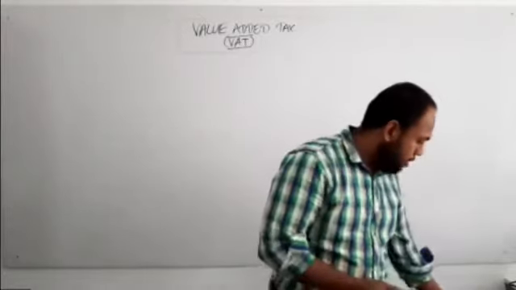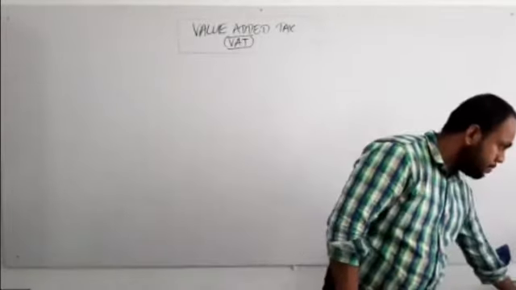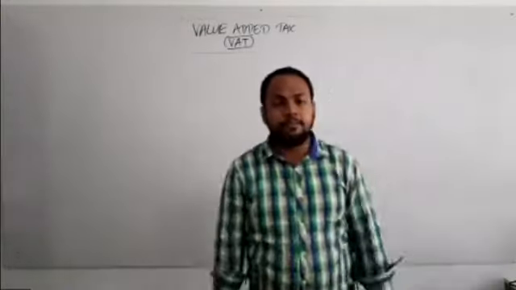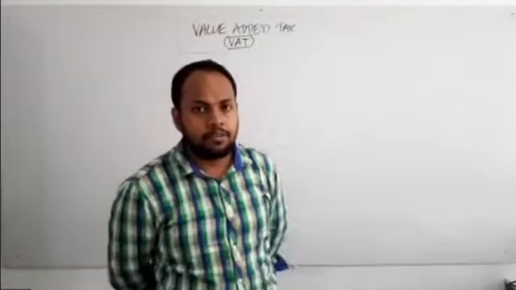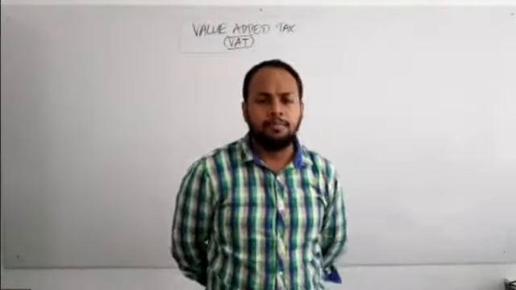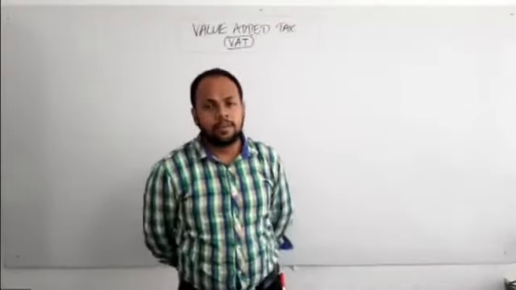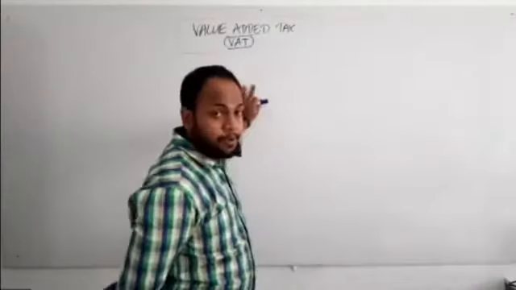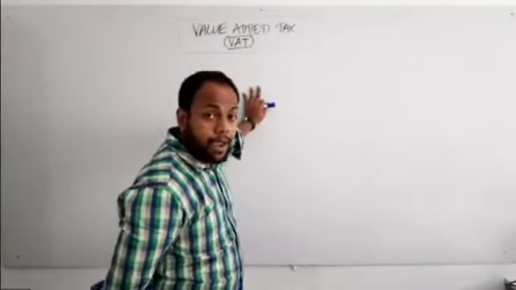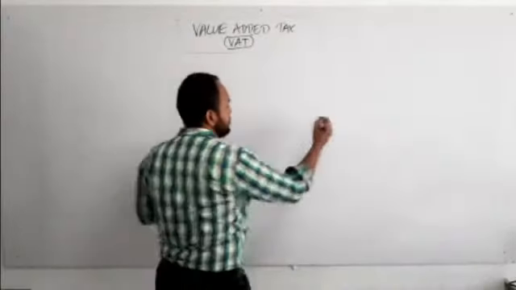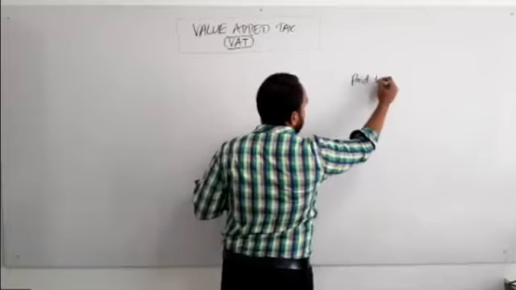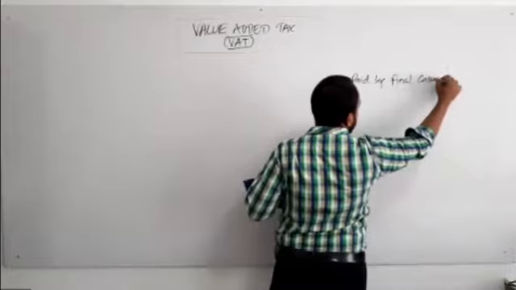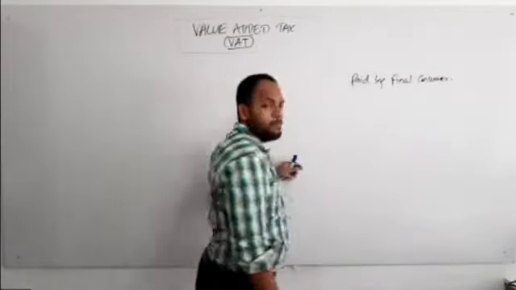So what is meant by value added tax? It is a tax on goods and services. Earlier we had something called GST, goods and services tax. Then it was replaced by value added tax. This tax is paid by the final consumer.